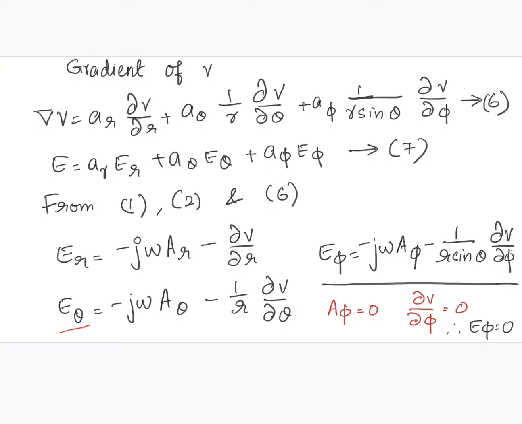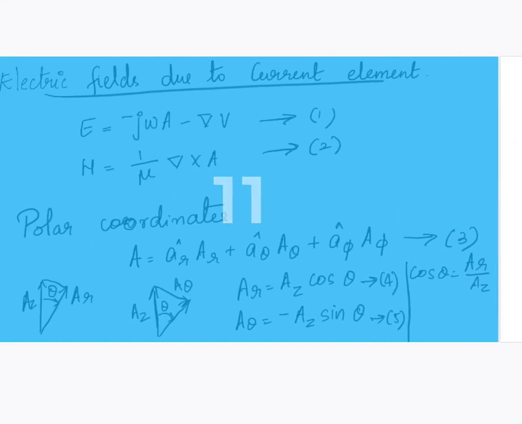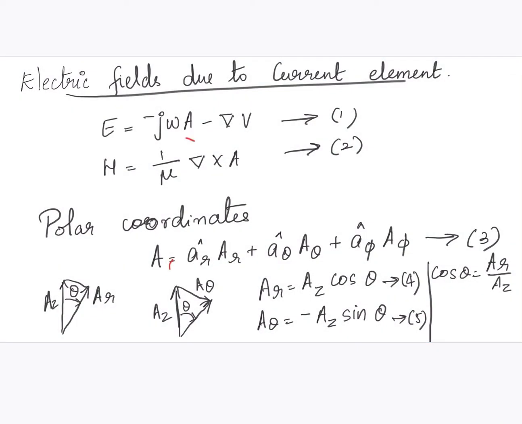E_theta will be equal to minus j omega A_theta minus 1 by r dou V by dou theta. And E_phi will be equal to minus j omega A_phi minus 1 by r sin theta dou V by dou phi. That is obtained by substituting A and del V into this equation and also substituting E with the polar coordinate representation.